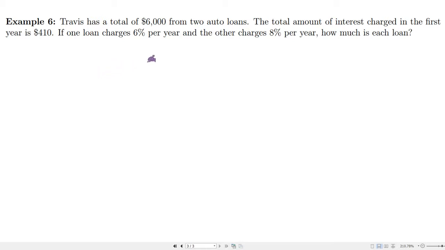Okay, so we have 2 loans here. So here are dollars at 6%, and we have dollars at 8%. Okay, so we're just going to set up like a little table here, and we have the number of dollars at 6%.